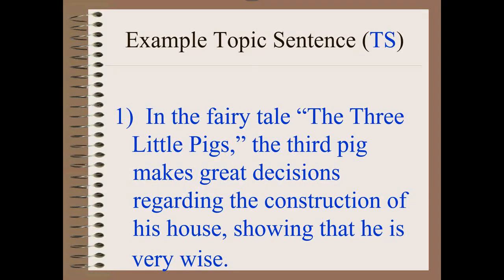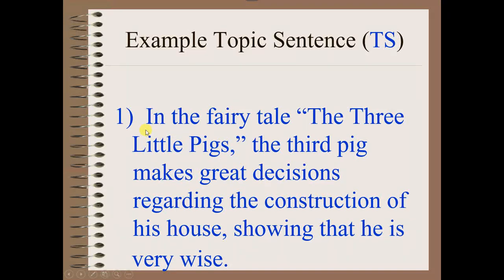But you have to make an argument, and the easiest way to approach this activity is to do what this person is doing, which is find a character from a fairy tale, in this case, the Three Little Pigs, and make an argument about some personality characteristic of the character.